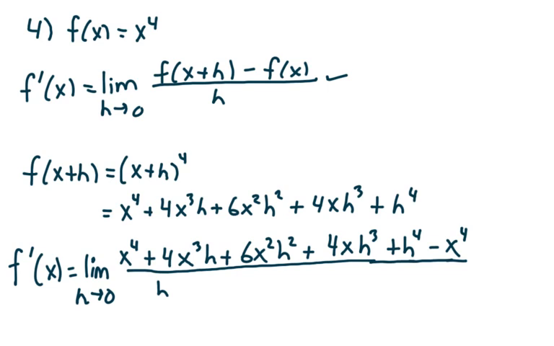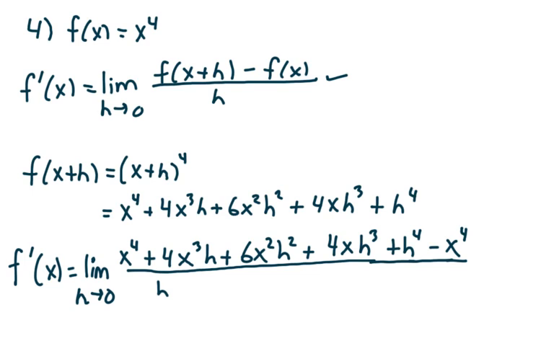I claim if I expand all that out, I get x to the fourth plus 4x cubed h plus 6x squared h squared plus 4x h cubed plus h to the fourth. So f of x plus h is the hard part.